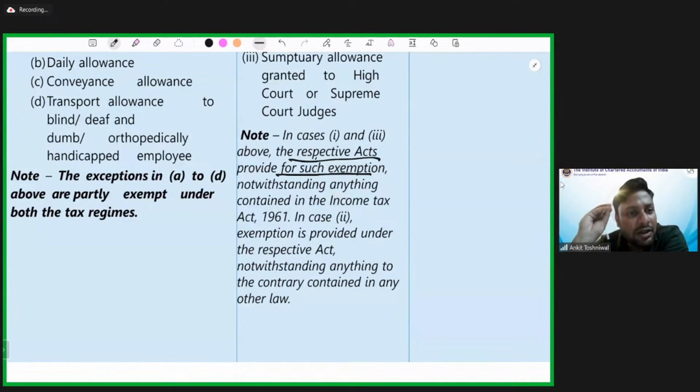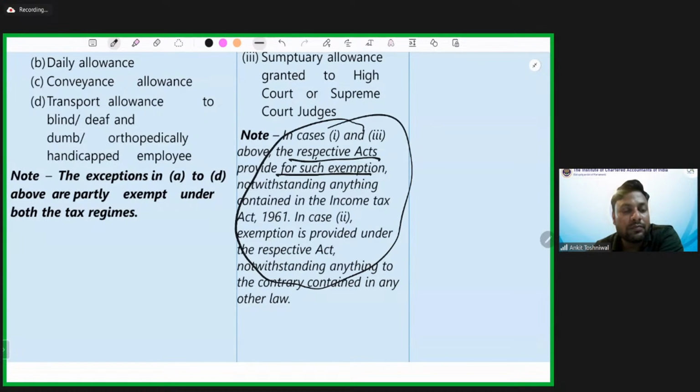It means whatever the provisions are written in the Income Tax Act, these acts explain that these are exempted. But this explanation is before the new tax regime. That's why it is not clear at all, and that's why it is written in this manner in the study material as well.